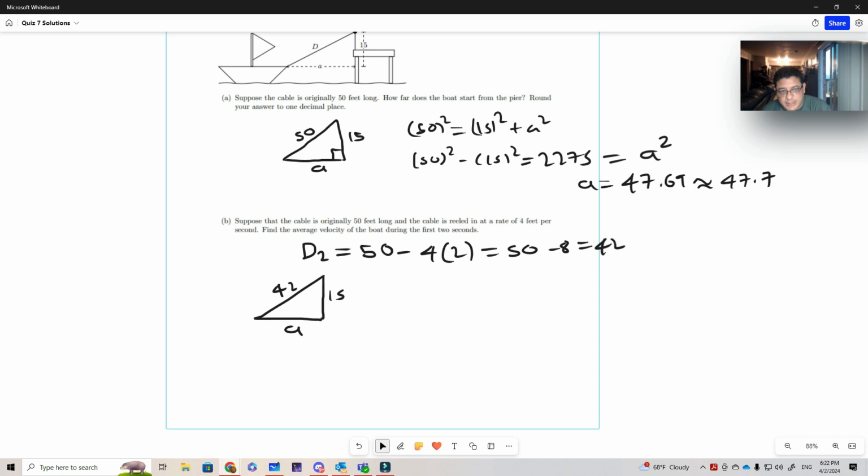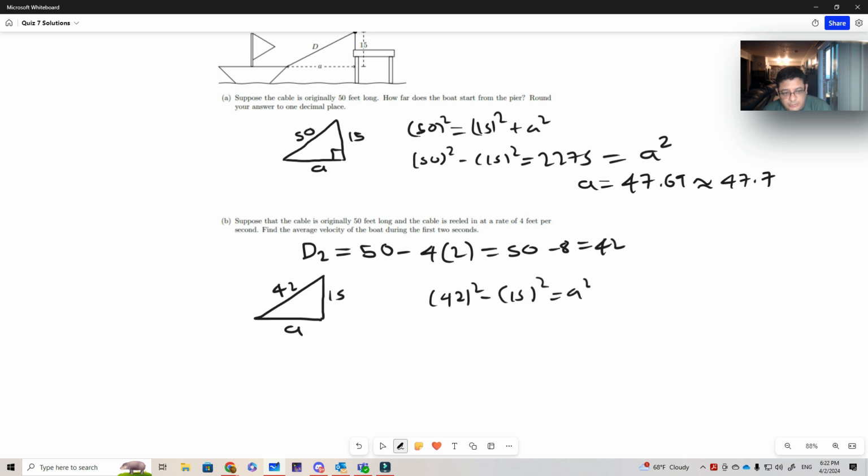So we're going to find out that 42 squared minus 15 squared is equal to A squared, and then we take the square root of that to find A. Now 42 squared minus 15 squared is going to be 1539.